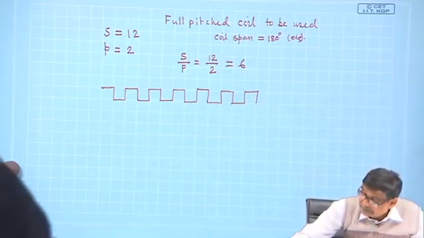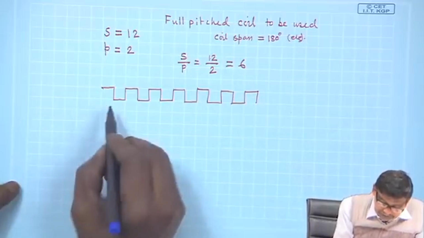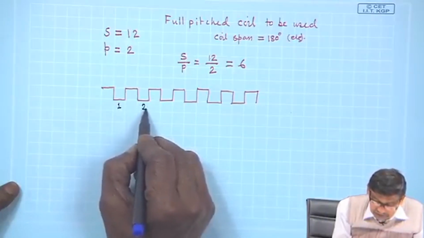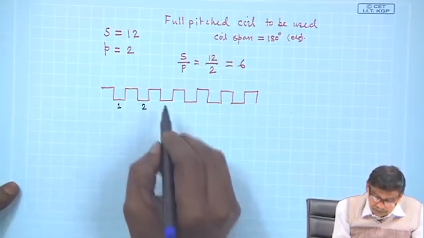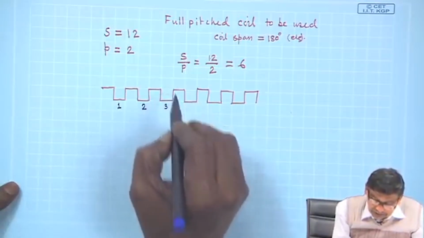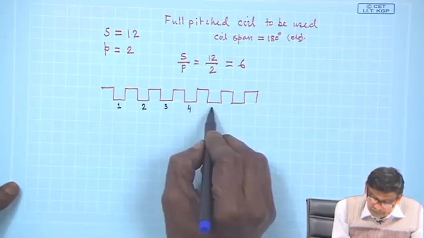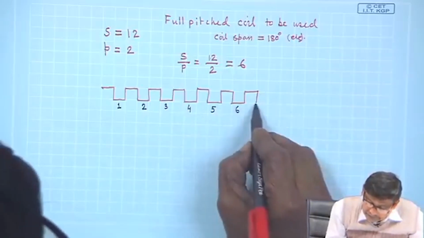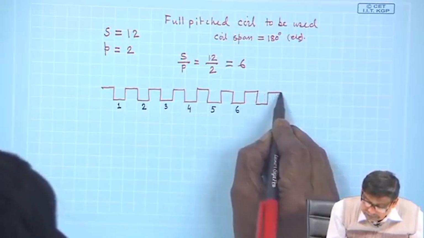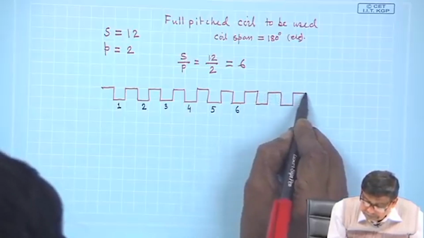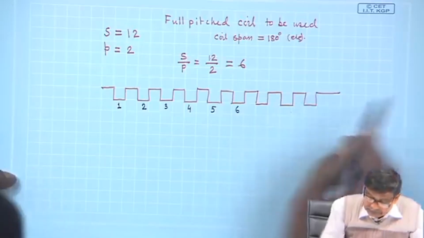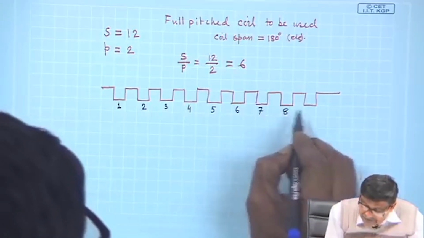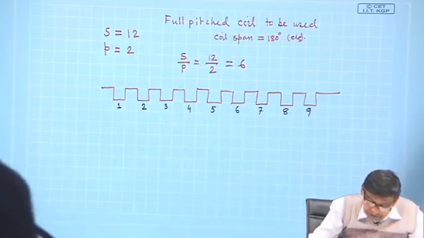And 12 such things are there. So, suppose this slot is 1, slot numbering will progress like this: 1, 2, 3, where I will place the conductors, 4, 5, 6, and then let me draw, so this is 7, 8, 9. Okay, let me draw further.